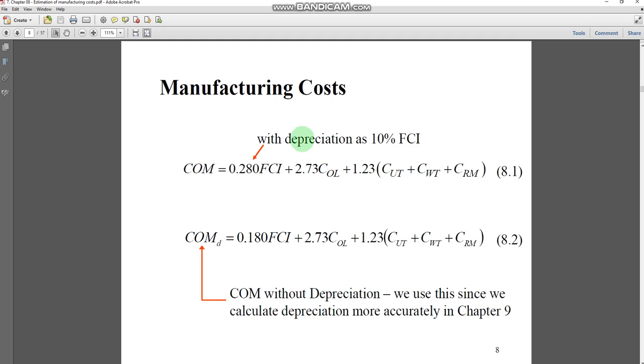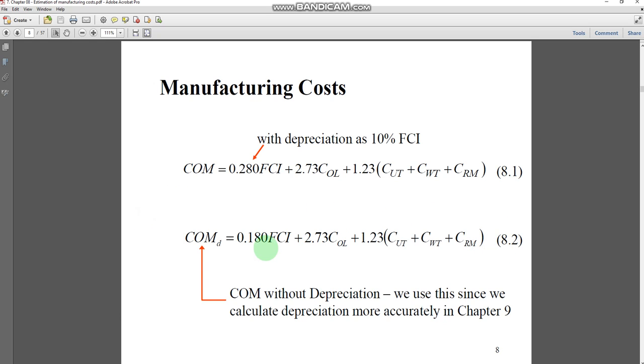But if we do not have any depreciation value from our analysis, then we can convert this equation into the second form, COMd. This represents the cost of manufacturing without including the depreciation of the plant. The new equation that we get here is in this form.